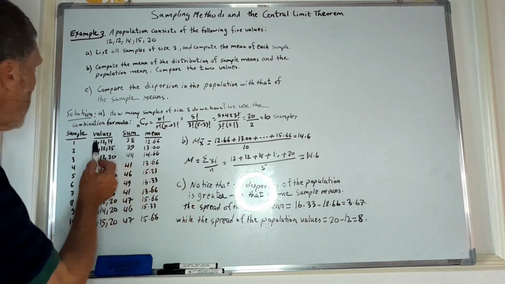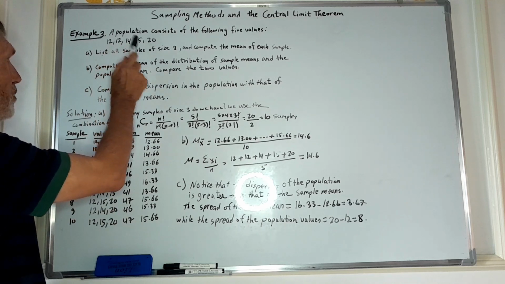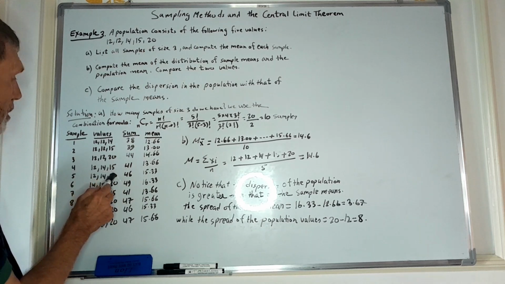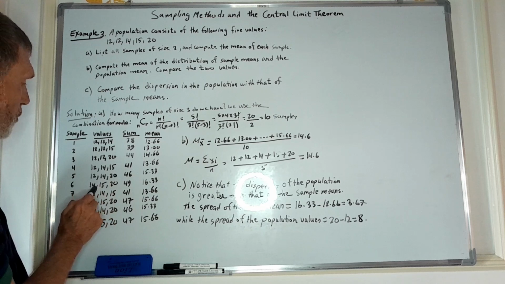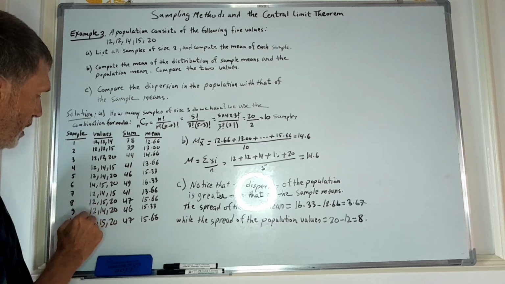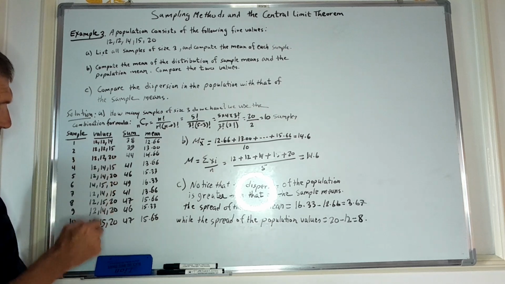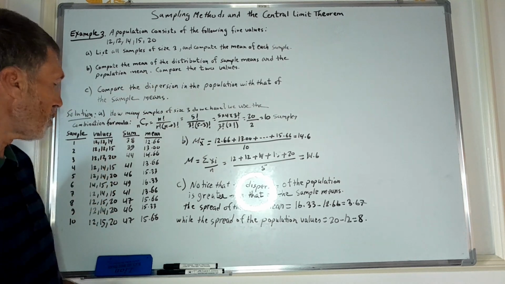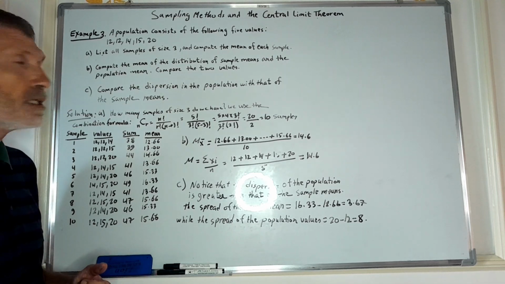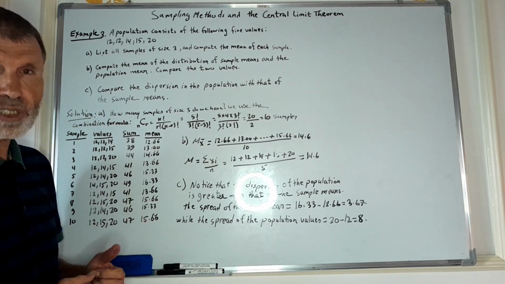So we count 12, 12, 14; 12, 12, 15; 12, 12, 20, and so on: 12, 14, 15; 12, 14, 20; 14, 15, 20; 12, 14, 15; 12, 15, 20; 12, 14, 20; 12, 15, 20. Okay? These are the different possible samples, each of size 3, that can be obtained from this population of 5 items.